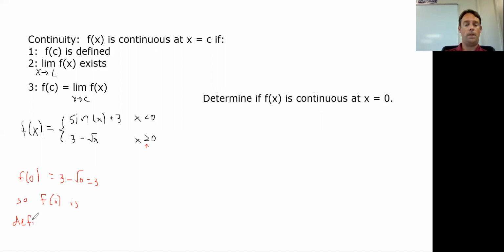We've got the first part. And now we're going to prove, does the limit exist? So this gets down to what we just talked about, the one-sided limits. Do the one-sided limits agree? Are they equivalent? So we're going to first take this from the negative side.